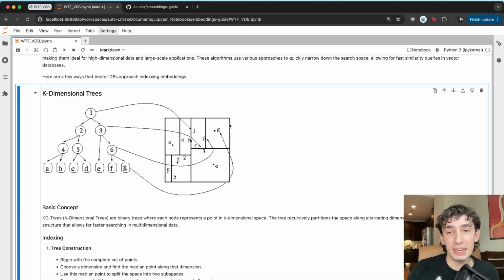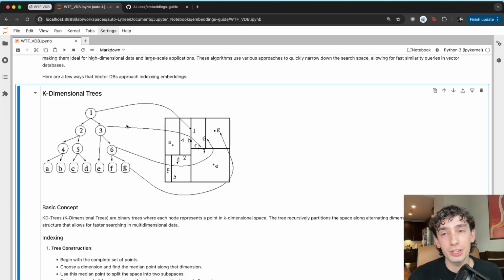And this is repeated further and further until either there remains only one point in the subspace, in that case that becomes a leaf node, or you hit some maximum depth that you can predefine. In our two-dimensional space, these become planes, but of course in high-dimensional space, these become what are known as hyperplanes, which split up the high-dimensional space in some sort of way that we can't really imagine in our 3D world.